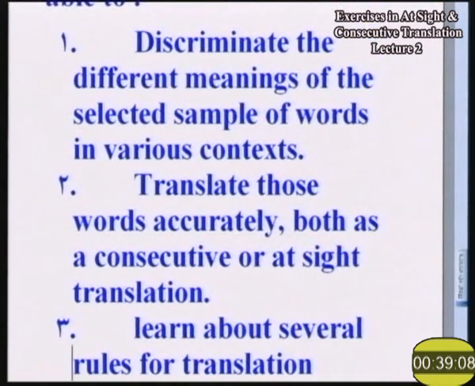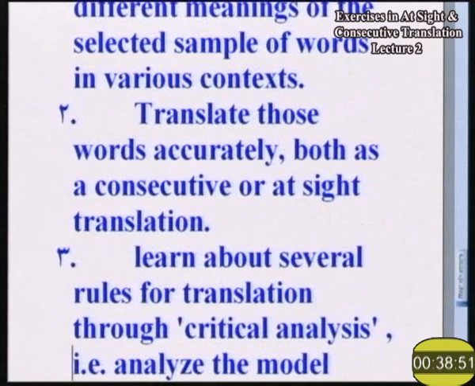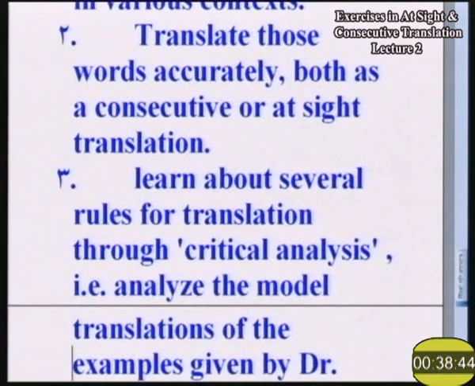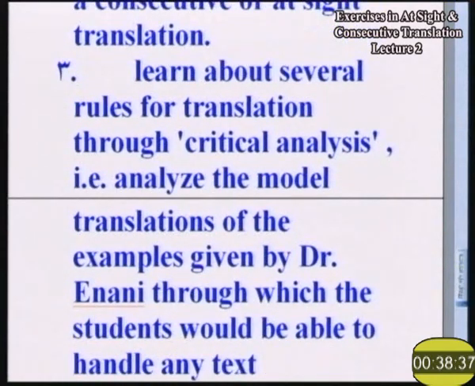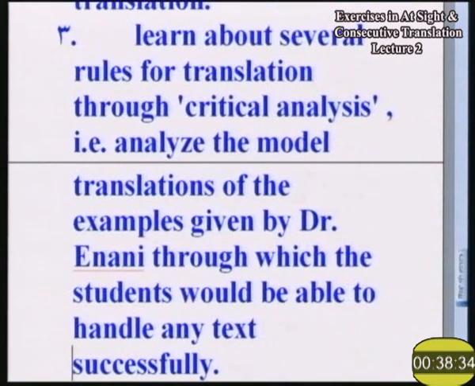So actually this book, because it deals with both at-sight and consecutive translation, we are going to make use of these words and their differences and their different cognates in our job as translators. Number three is another very important one. Another objective is to learn about several rules for translation through critical analysis. That is to say, to analyze the model translations of the examples given by Dr. Anani, through which the students would be able to handle any text successfully.